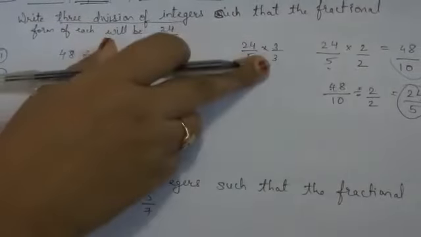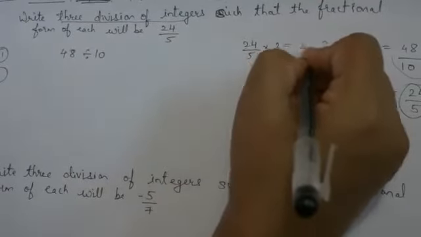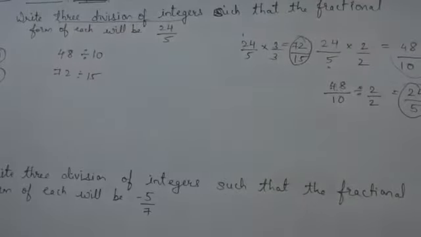It should be equivalent. So 24 3s is what? 4 3s are 12, 3 2s are 6 and 1 makes 7, so 72, and 5 3s are 15. So the next division you got is 72 divided by 15. If you reduce 72 divided by 15, you will get 24 by 5.